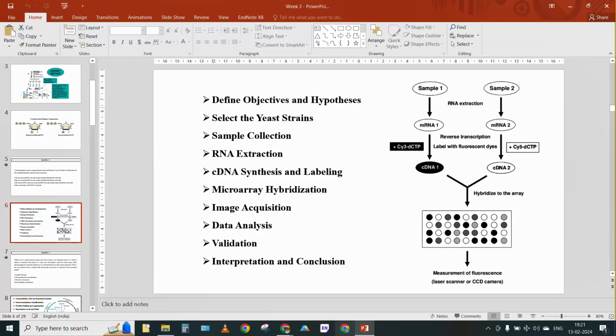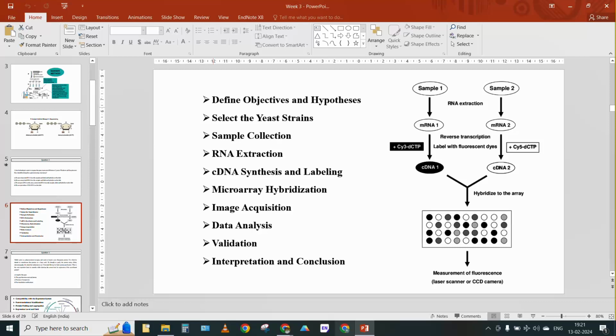The first step is to define objectives and hypotheses about the particular gene expression. As clearly stated, the goals of the experiment, for example, the food technologist might want to understand how environmental factors influence gene expression in yeast from different geographical locations. Further, he'll formulate specific hypotheses related to the expected gene expression differences.